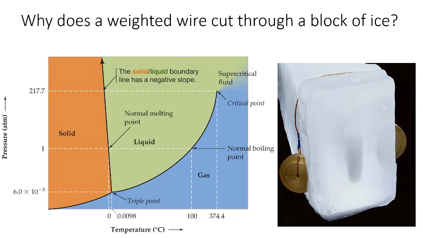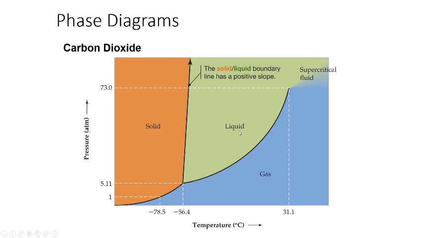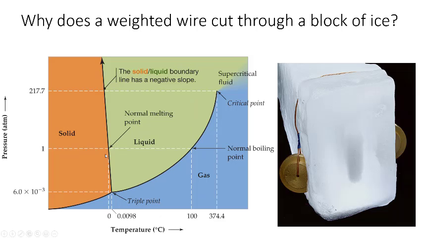If we take a look at the phase diagram, we can actually explain it. We can see that the line going between solid and liquid has a slope that goes backwards. Compared to carbon dioxide, where the slope between solid and liquid goes to the right, forward, for water the slope goes to the left.